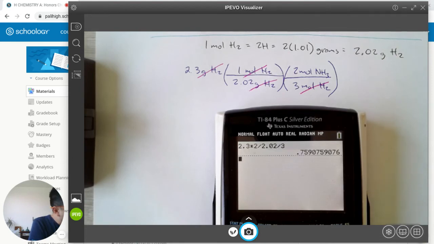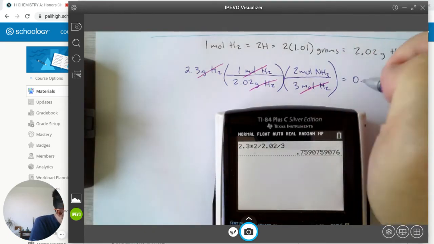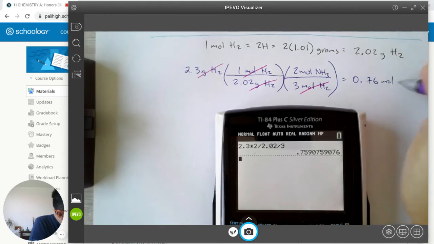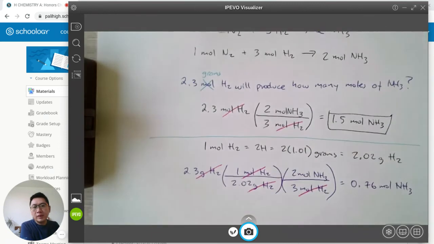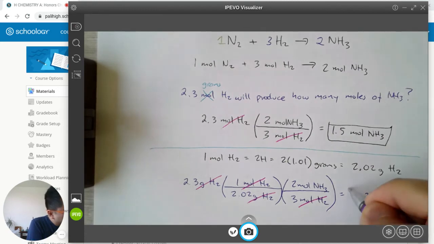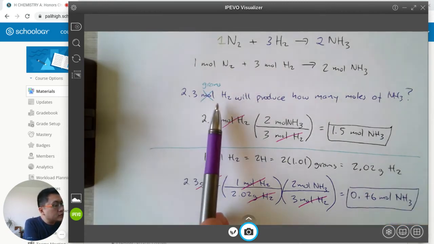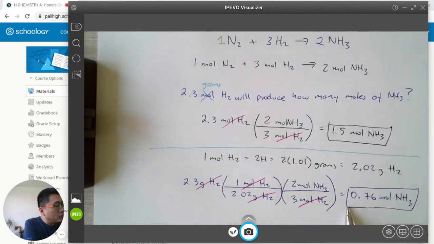On my calculator, 0.759, or 0.76, because it should be 2 sig figs. Okay, so from this equation, now I know that 2.3 grams of H2 will produce 0.76 moles of NH3.